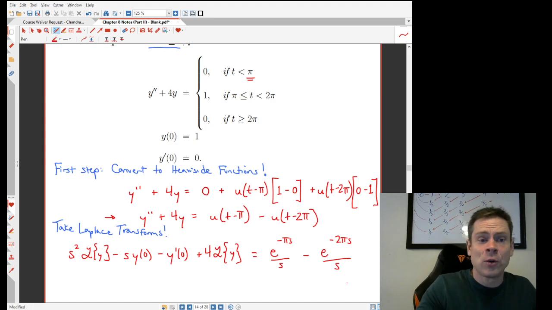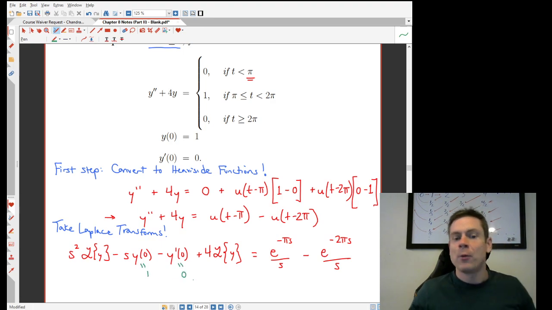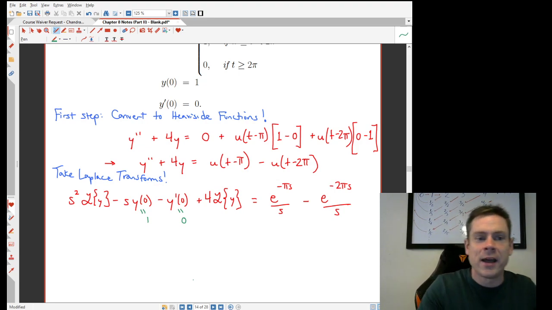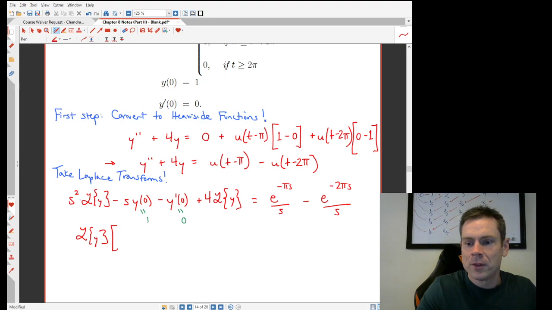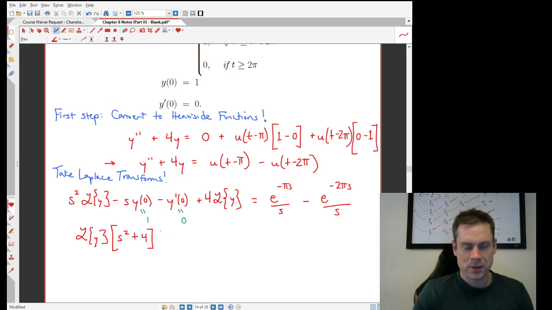We know what y of 0 and y prime of 0 are. Those are equal to 1 and 0. So this is 1, this is 0, and I'm going to rearrange, factor out L of y, and work on getting towards a solution here. So we have L of y. If I factor out the s squared plus 4, like this, that seems like a good thing.